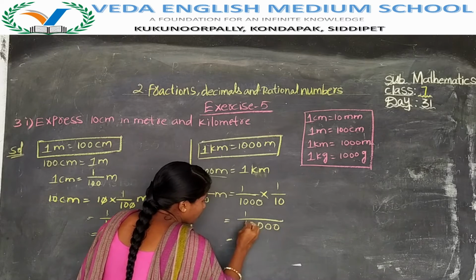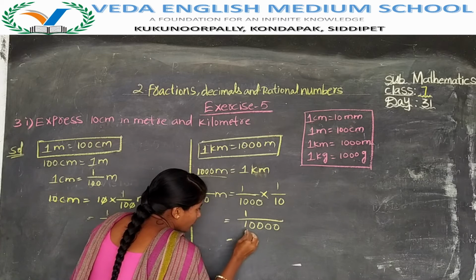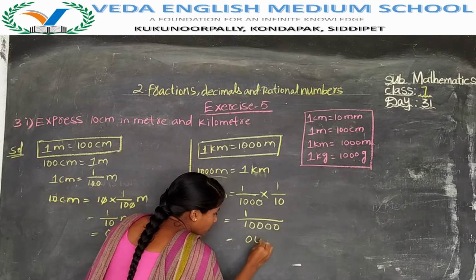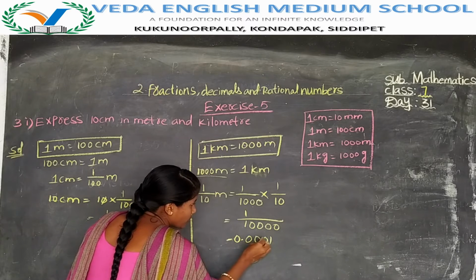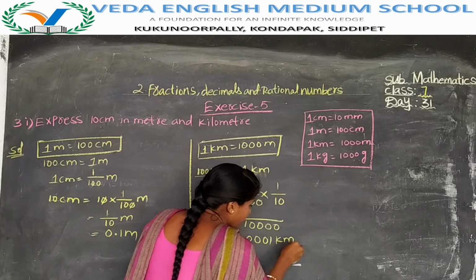Here we have only one number, so keep 4 digits with 3 zeros: 0.0001... 0.001 kilometers.